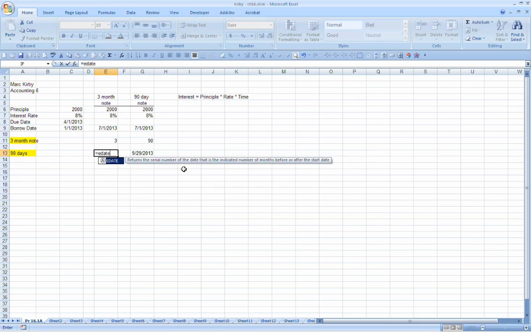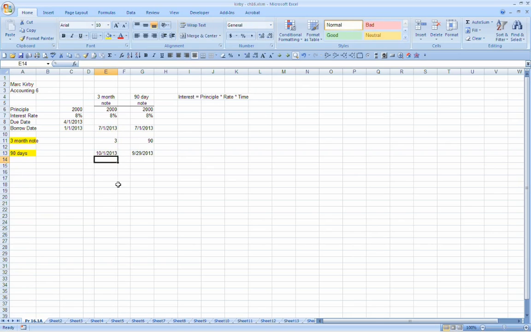Equals EDATE, open parentheses, and it wants the start date. I'm going to just point at 7/1/2013, look at my format down here, comma, and how many months into the future do I want to go? Point at 3, right? Point at the number of months. End parentheses, hit enter. And that gives me the right date, the right due date, October 1, 2013.